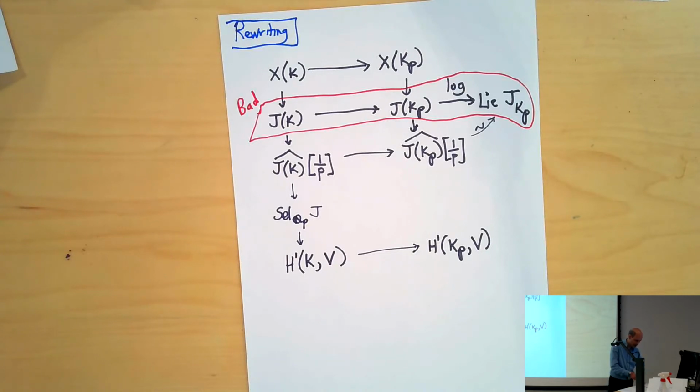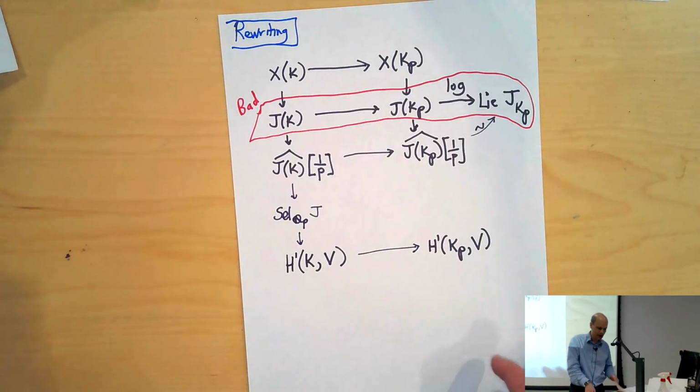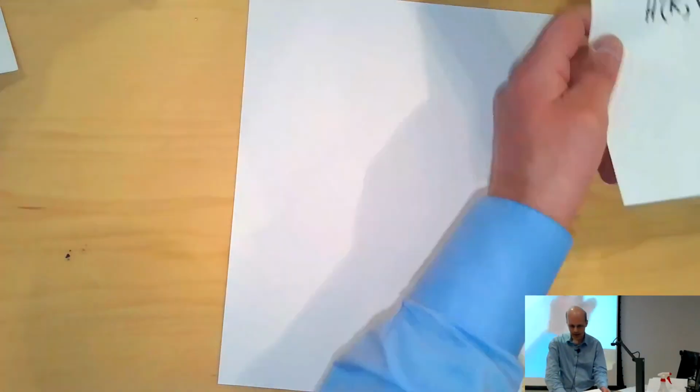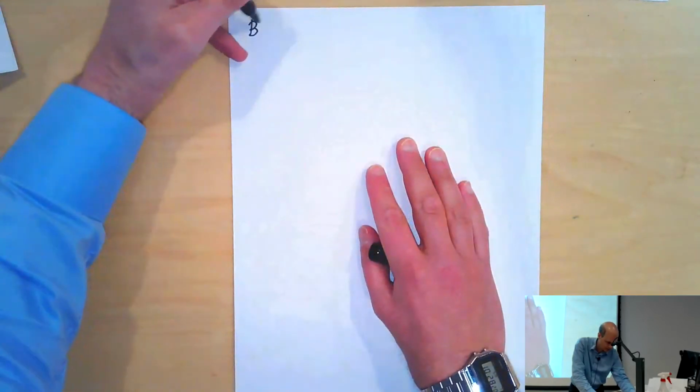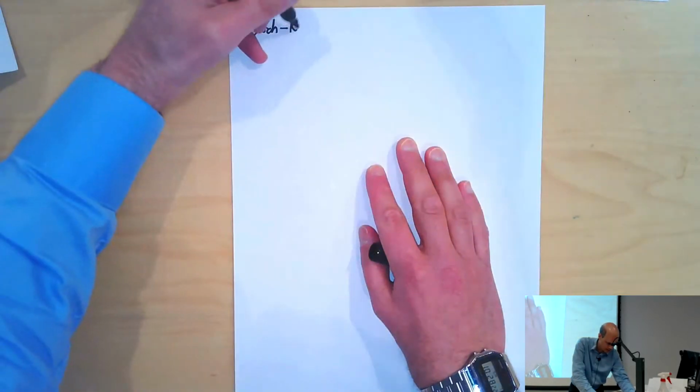So what's coming next is the ideas of Bloch and Kato. This is the Bloch-Kato Selmer group that I now want to explain. So, Bloch-Kato's.